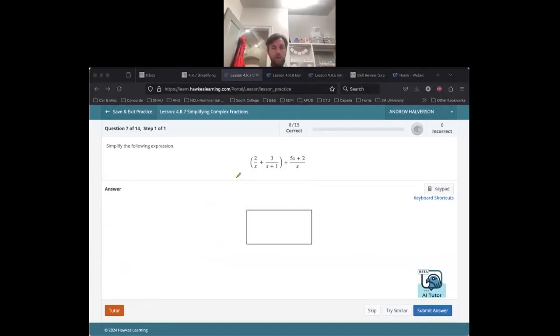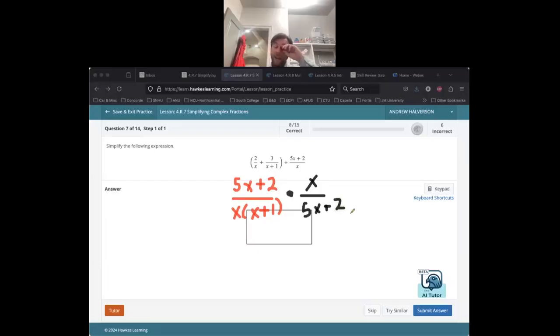So this gives us, this part was 5x plus 2 over x times x plus 1. The second part here, we turned it to multiplication and flipped that second fraction. So now what we have is the multiplication of fractions.